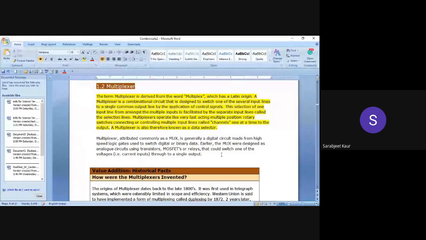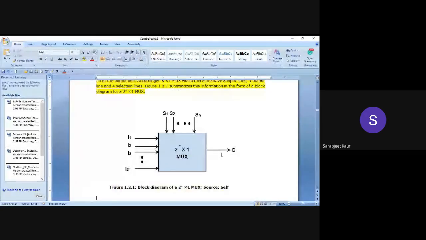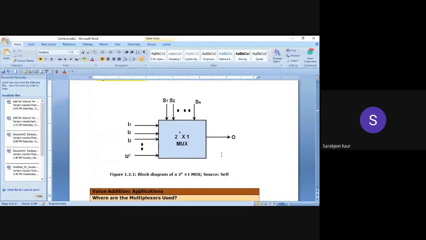In very basic layman terms, if I were to show you, please see, this is the block diagram of a multiplexer. This multiplexer is getting, let's say, 2 raised to the power of n inputs here. You can see that.